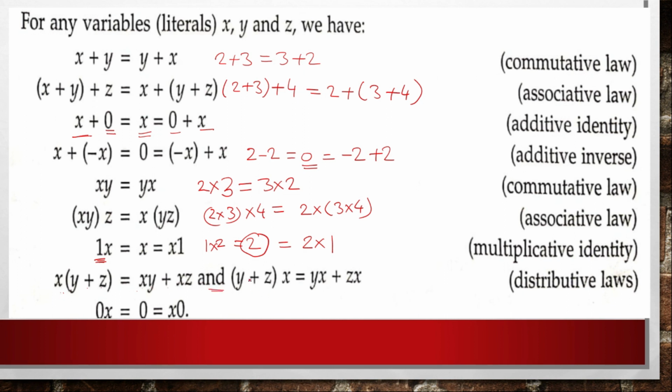And if I multiply the sum of y plus z with x, the answer will be y into x plus z into x. This is called the distributive law. Similarly, if I multiply 0 into x, the answer will be 0. It will be equal to x into 0.